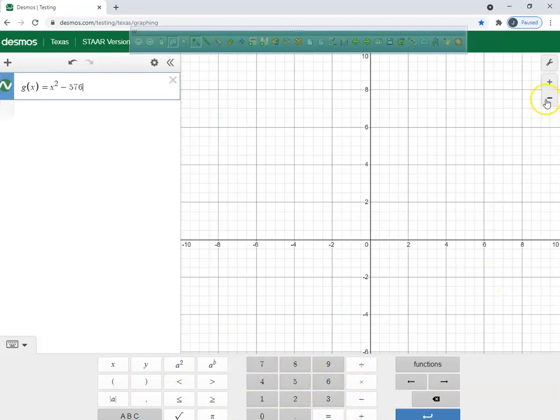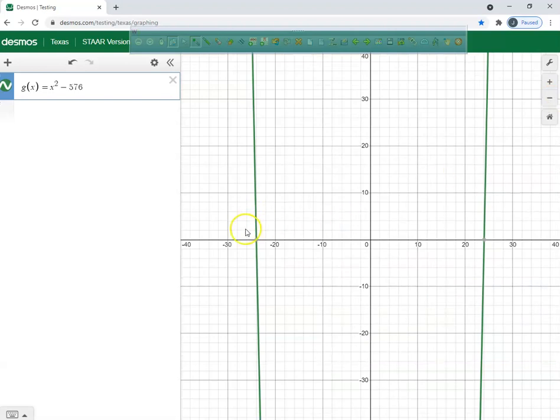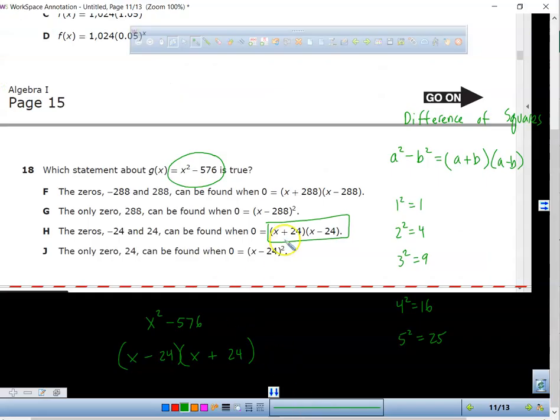And if you can't see it, what do you do? What's one zero? What's the other zero? Write down the 2 zeros on your paper. You put it into Desmos. You write down the 2 zeros. What are the 2 zeros? Negative 24 and positive 24. So just say my zeros were negative 24, 0, and positive 24, 0.